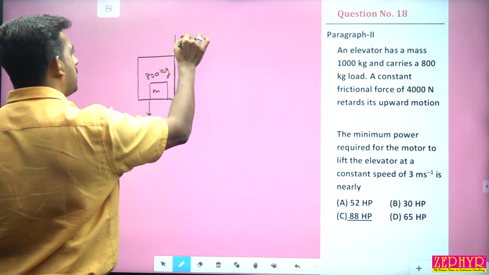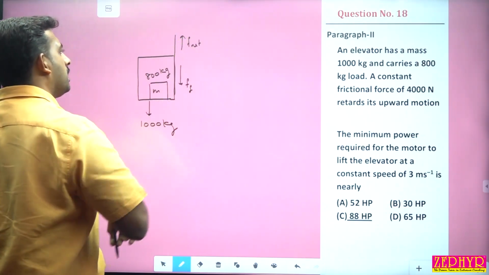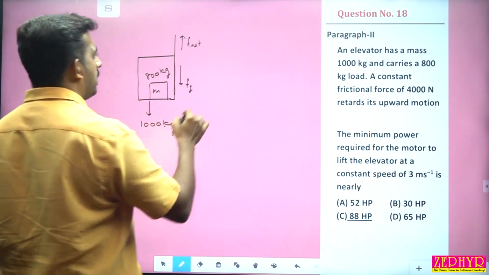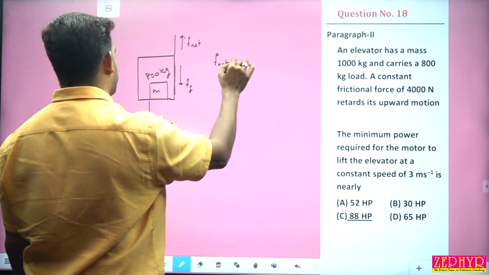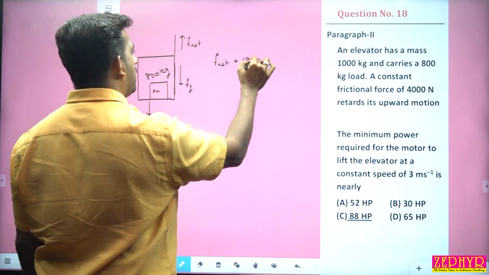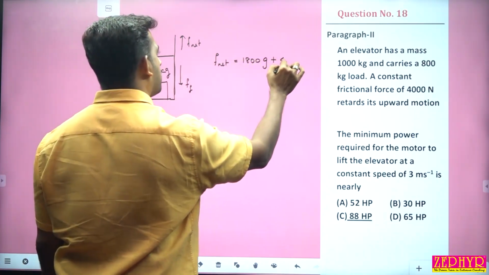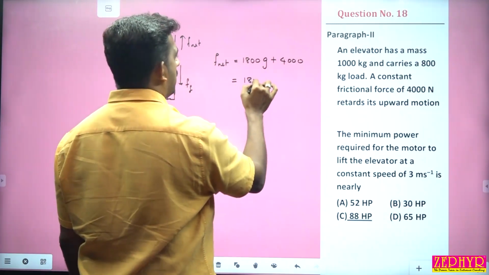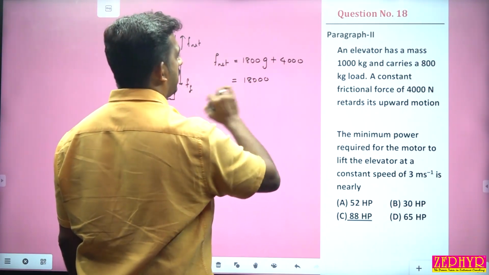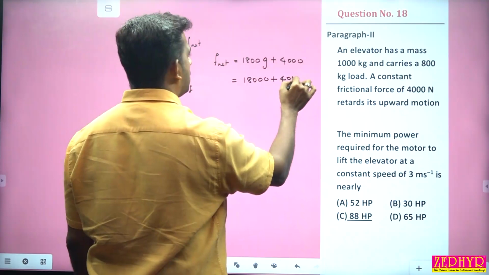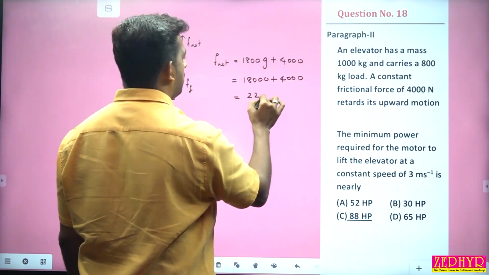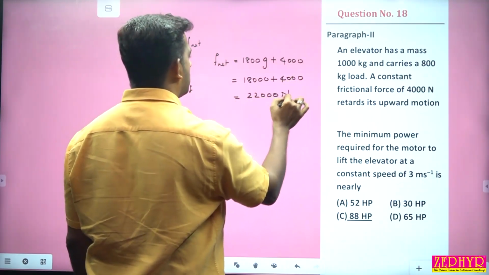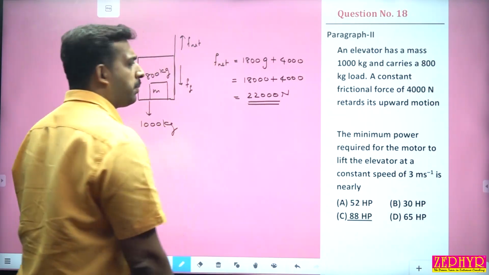The net force required to move it upward, F net, is equal to 1800 g plus 4000. 1800 g is 18,000 plus 4000, which is 22,000 Newton. This is the force required by the motor.